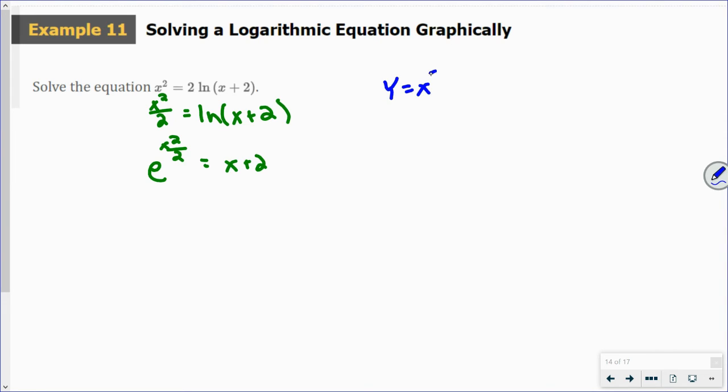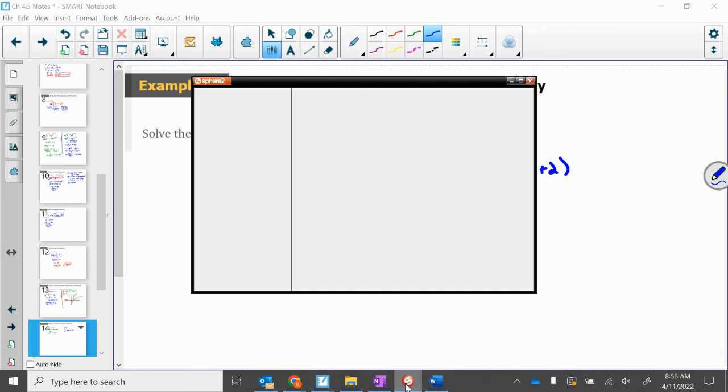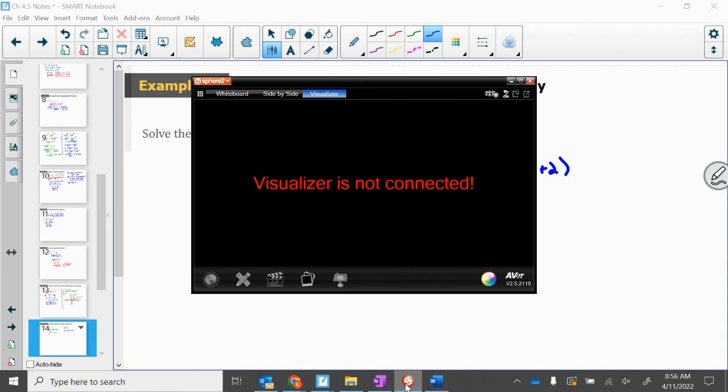So you have y1 equals x squared, and then y2 would be 2 ln of (x plus 2). So let me see if I can pull up my graphing calculator here so you can see what this would look like.